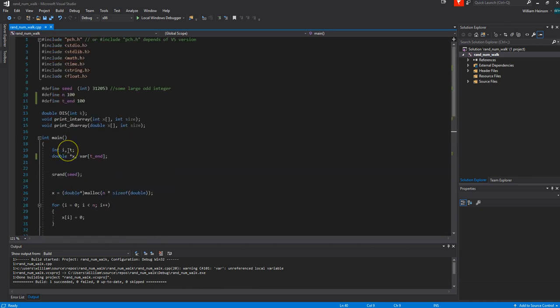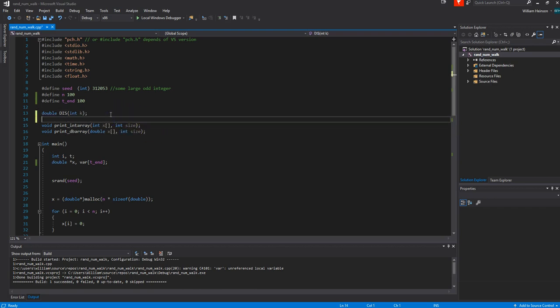Now I'm going to make a function that returns a double. Let's do it right here. Double, let's call it VR, the variance of my walkers. What is it going to take?